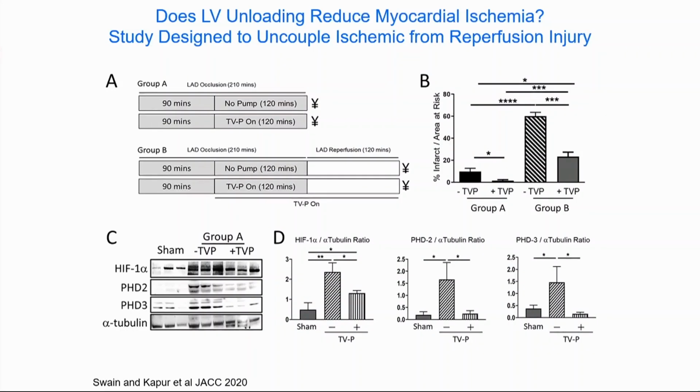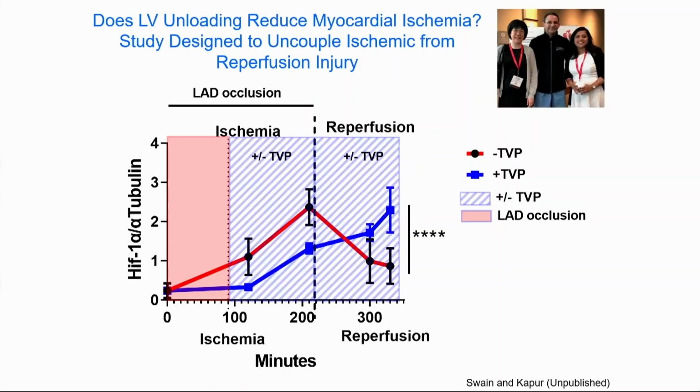And so this was the illustration she showed where there's a nice reduction in infarct size correlating with increases in HIF expression. But this is really the paradox that I think that Lesia's gotten us very excited about. What you're seeing here is this transition from ischemia to reperfusion. And when you look at the red bar, which is with no pump involved, as soon as you reperfuse, reoxygenation leads to a reduction in HIF levels.